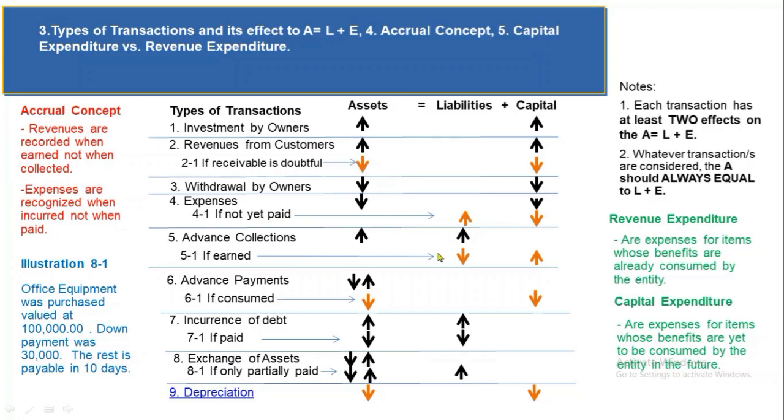And if you have earned a portion of the advance collections from the customers, those are to be recorded at the end of the year. And in case of your advance payments, of course, the portion consumed is recognized at the end of the year also, as well as the depreciation.